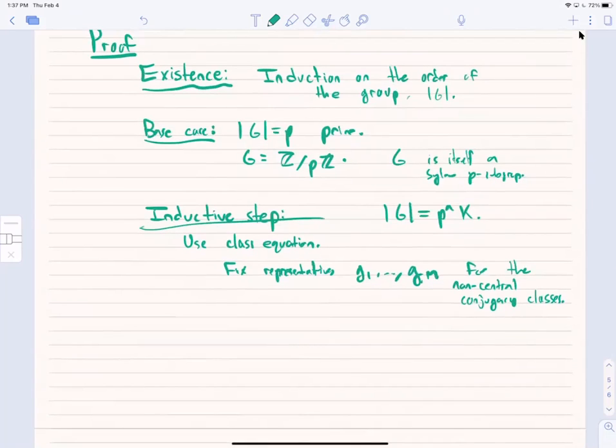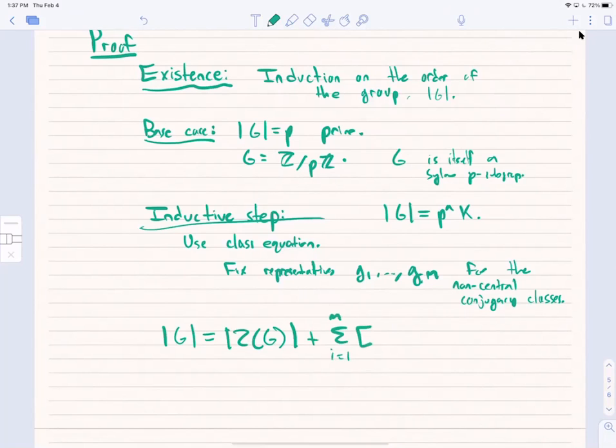And then I get that the order of G is equal to the size of the center, plus the sum from i equals 1 to m, over all these other conjugacy classes, of the size of that conjugacy class.